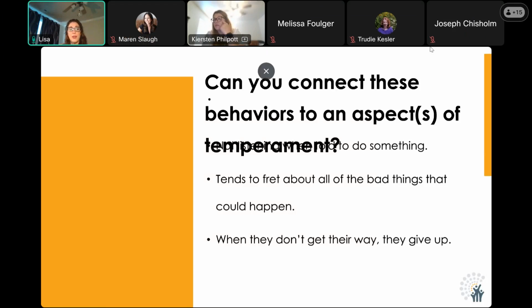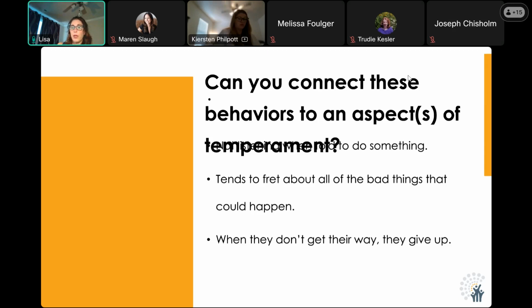But if you take that to an extreme, I've seen kids who are not able to do a task, but they will not give up, and they're so frustrated and getting really angry because their parent won't come help them, because they can't move on until they get that thing done. So that's an example of persistence, which we tend to think is very positive, but can actually be to their detriment in certain circumstances.